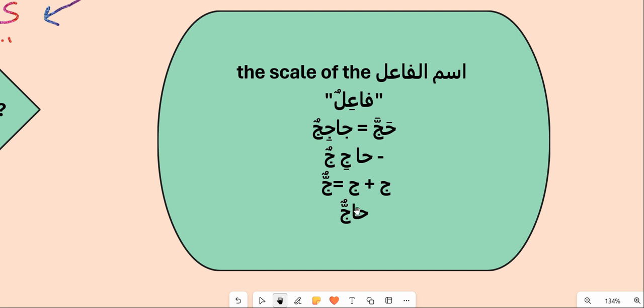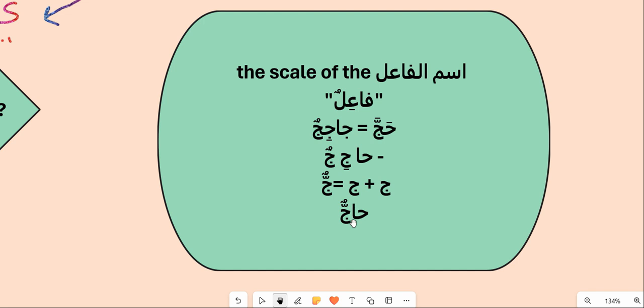It is very similar to the verb hajja, but there is an alif here, an addition of alif in between. So before, when you did not know how you get this structure hajjun, you might have been thinking, from where did this alif come?